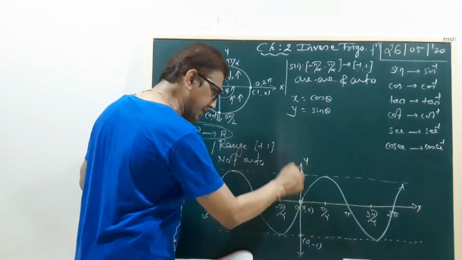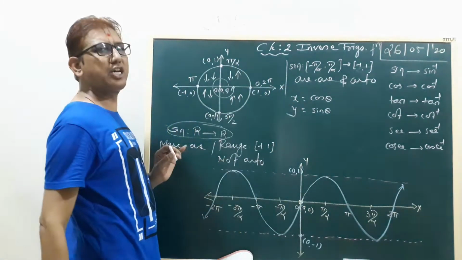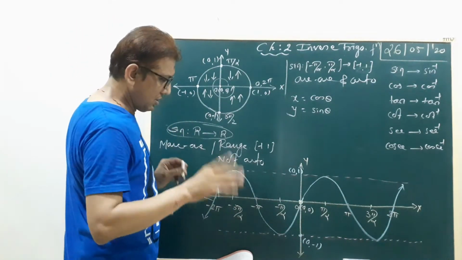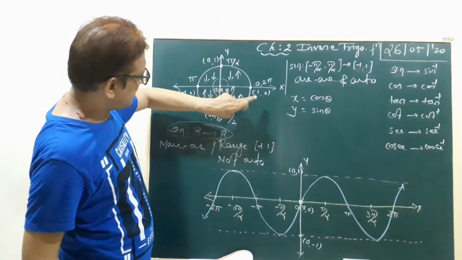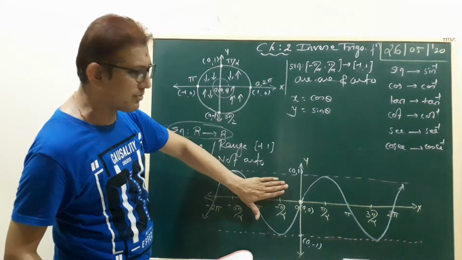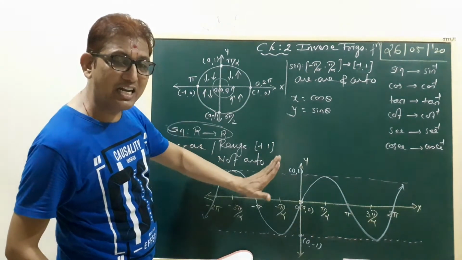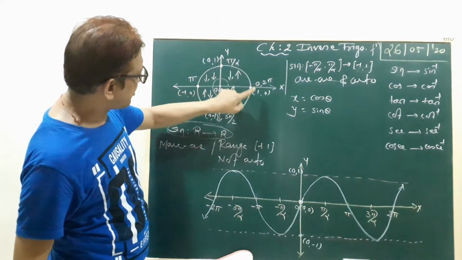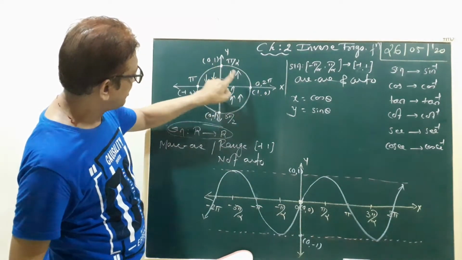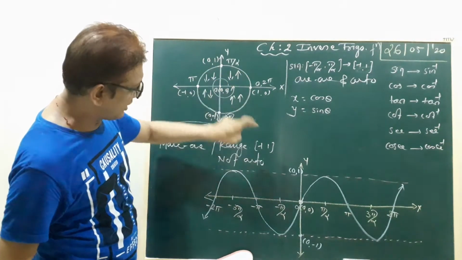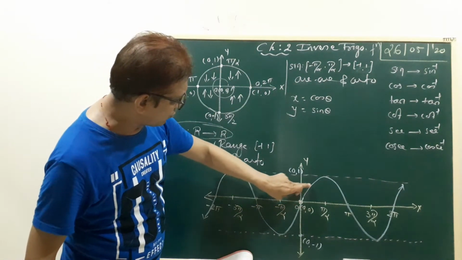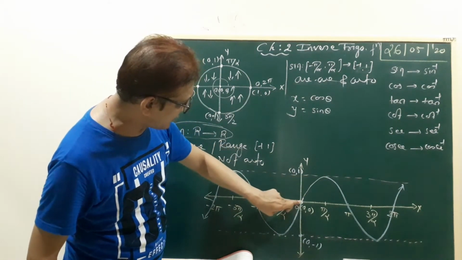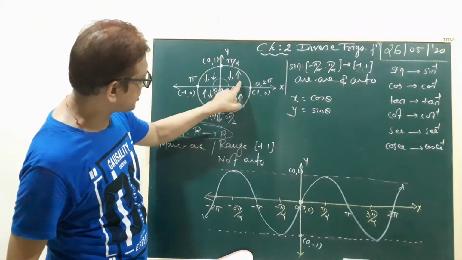Using exactly this figure, we draw the graph. You have already studied this in the 11 science trigonometric chapter. Clear? Okay. Again we discuss. Here we draw the sine function graph. This is your sine function graph. Look here, the sine value in the first quadrant goes 0 to 1. It is an increasing function.